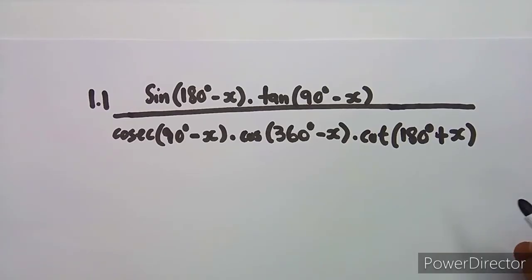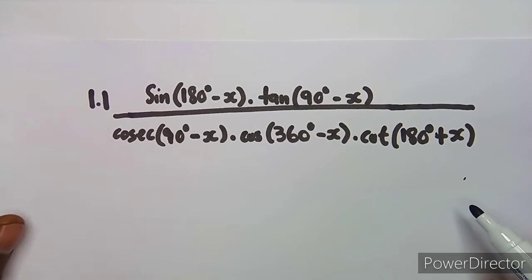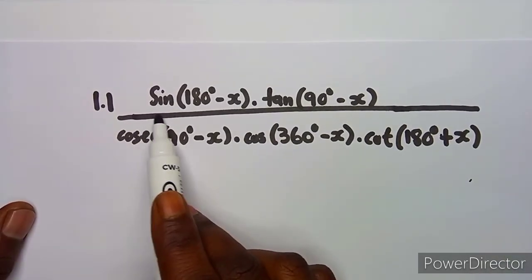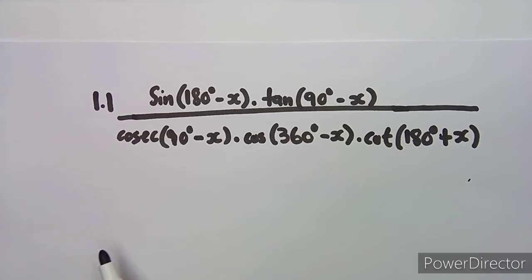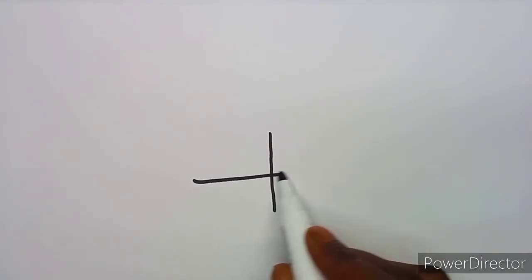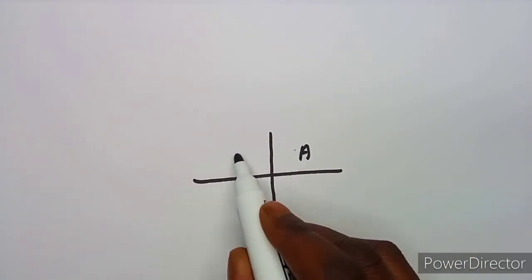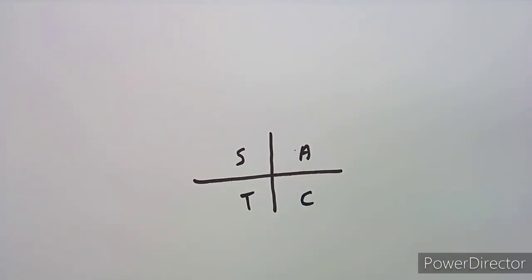Guys, whenever you're given a trig like this, remember you have to apply the issue of quadrants. This is what is important, and also apply all the concepts that you know, the identities and so forth. In this case we have sine 180 minus x, so we need to know which quadrant 180 minus x lies in. Remember, all students take calculus, and 180 minus x is in the second quadrant.